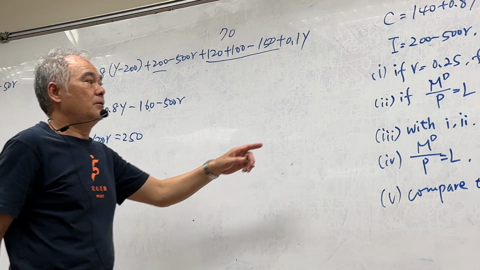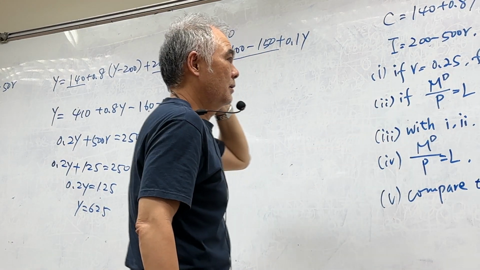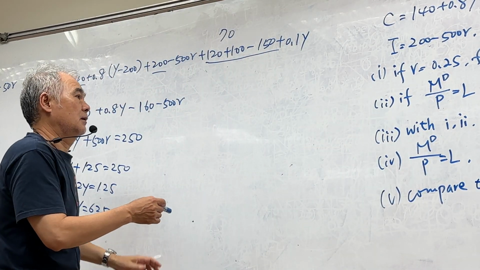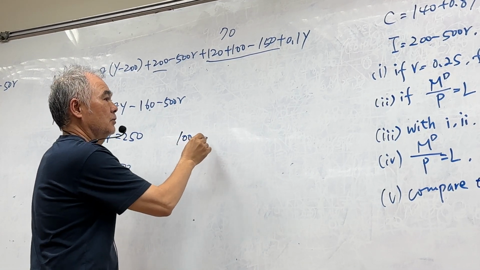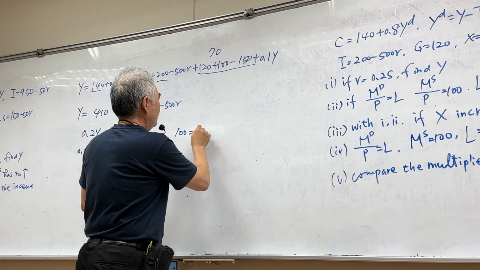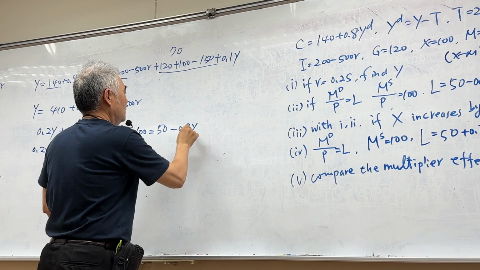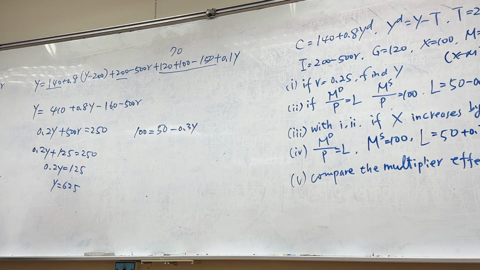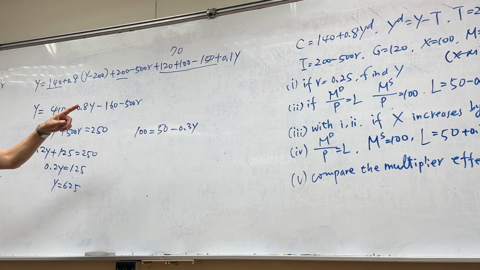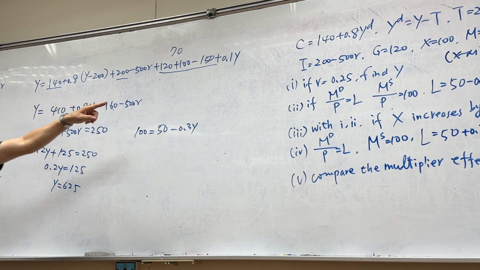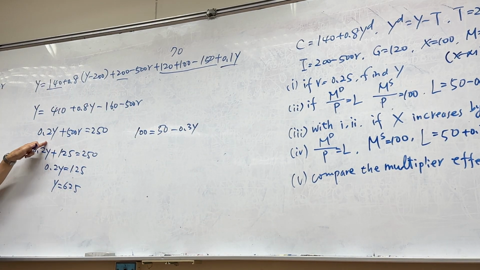Okay, and now we have the LM curve here. Okay, LM curve. So then 100 is equal to 50 minus 0.3Y. Oh, I forgot the last one. Okay, so how much will be here? 0.1.